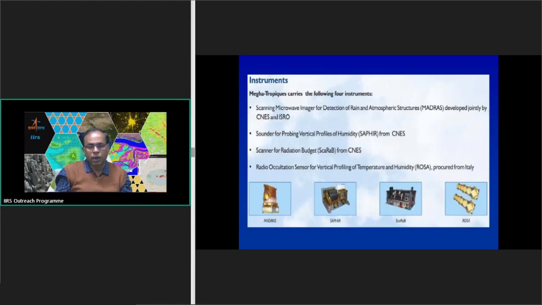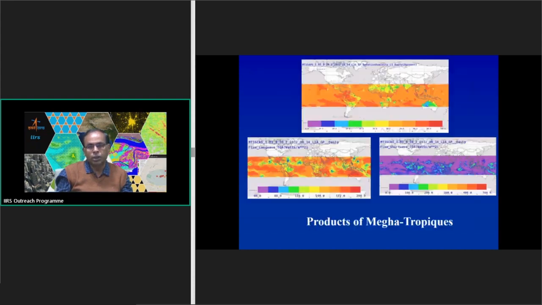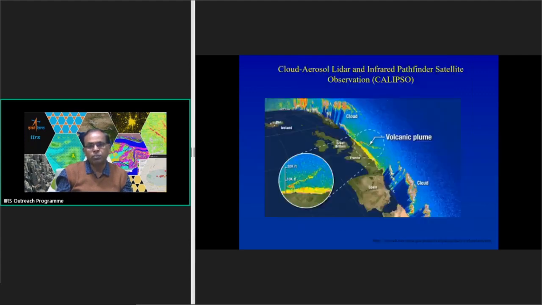There are several sensors, Madras, Saphir, Scarab, Rosa, etc., which give you different constituents of the atmosphere. And these are some of the products from the Megha-Tropiques, which can be utilized to understand the complicated tropical convective system.